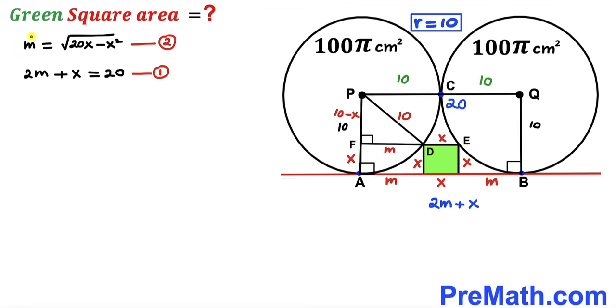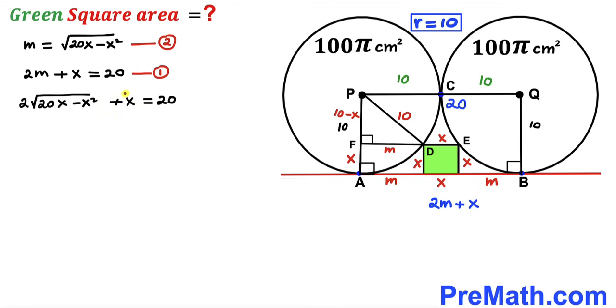And now I'm going to substitute this m equals to square root of 20x minus x square value over here in equation 1. So therefore after the substitution this is going to become 2 times our lowercase m value, square root of 20x minus x square, and then plus x is going to be equal to 20.